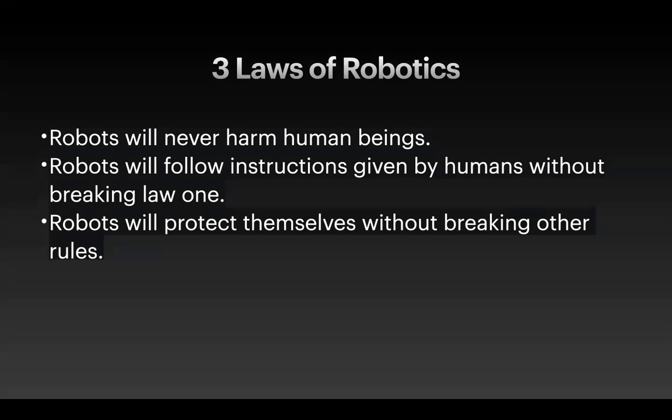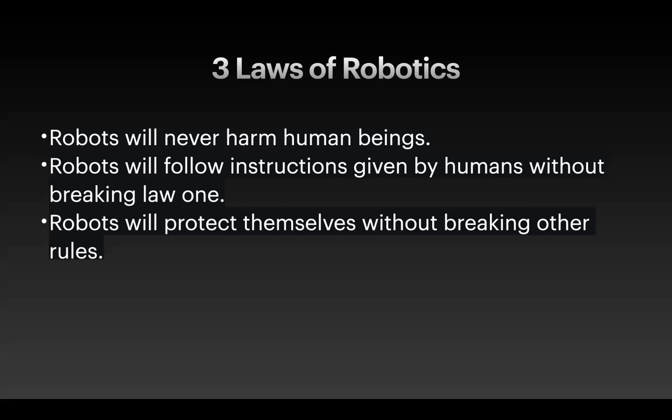Robots are following instructions now, so that's how they work. They can work by themselves, but we are the ones giving them instructions. So as a second law, robots will follow instructions given by humans. Robots will not follow instructions given by another machine or another robot. These are laws. When you make robots now and even in the future, you need to follow these laws.